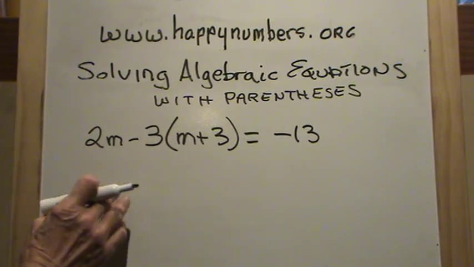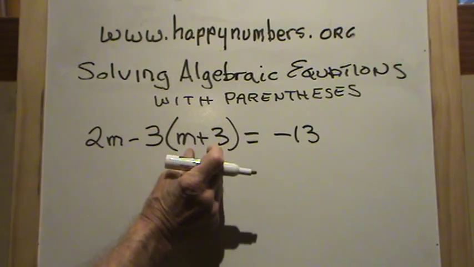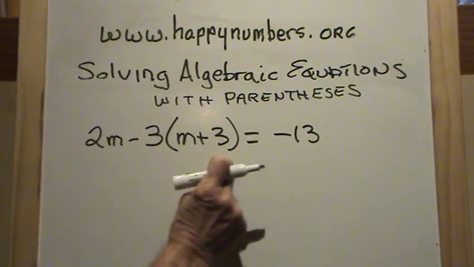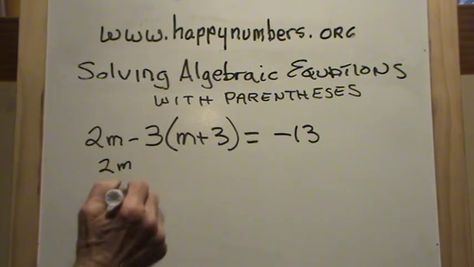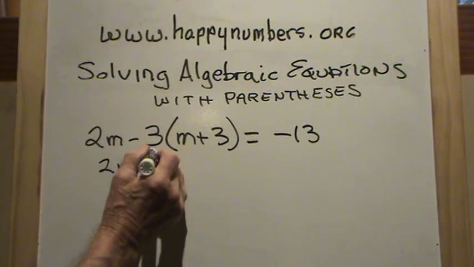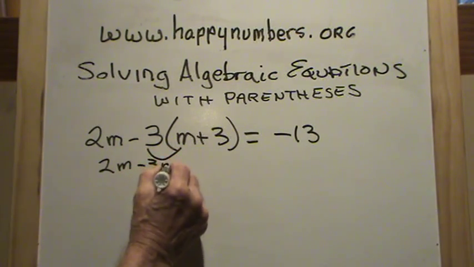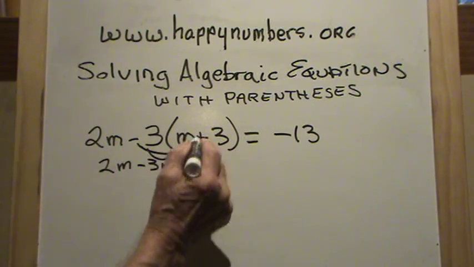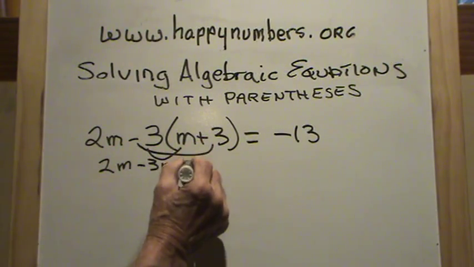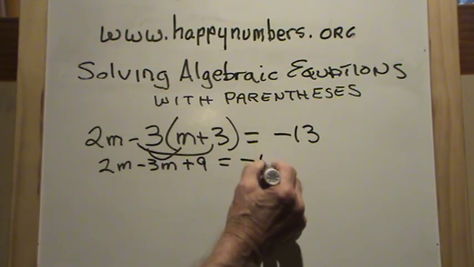Okay, well first we have 2 times m minus 3 times the quantity of m plus 3. So let's deal with this here. So it'll be 2m. Now negative 3 times m would be negative 3m. And then negative 3 times positive 3 would give us positive 9 equals negative 13.